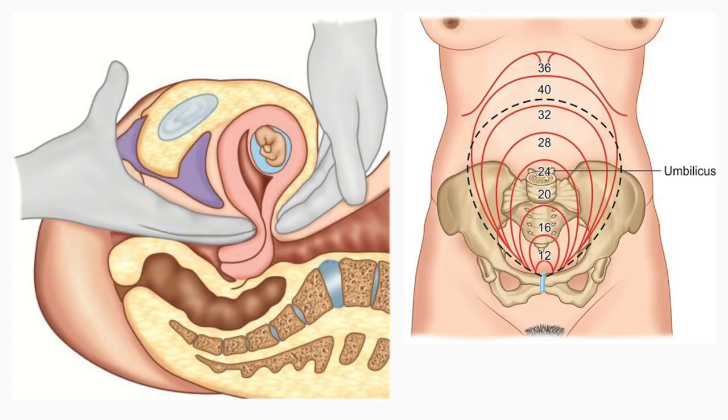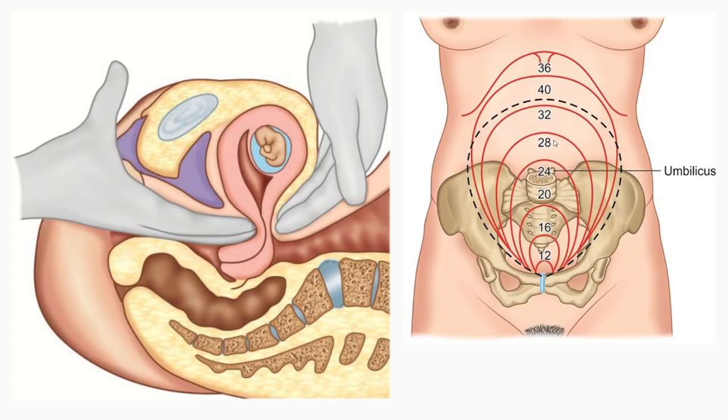At around 24 weeks, it is seen at the umbilicus. It is a frequently asked question: when does the uterus size reach the umbilicus? At 24 weeks, it reaches the umbilicus.